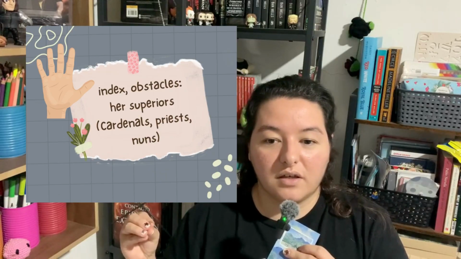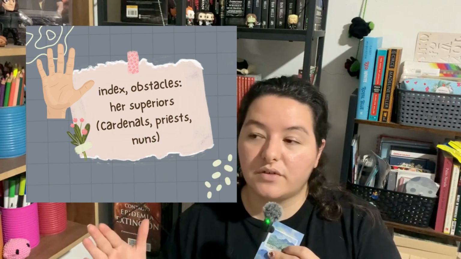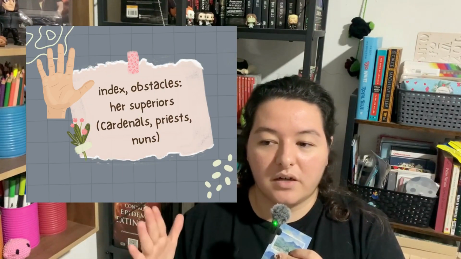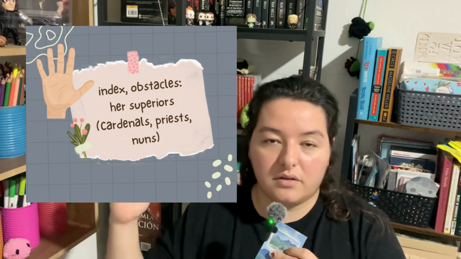So this is a very clear obstacle for her, and that is going to be what keeps getting in her way throughout the entire story, all the way to the resolution.